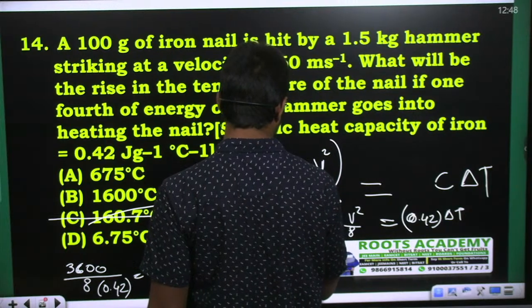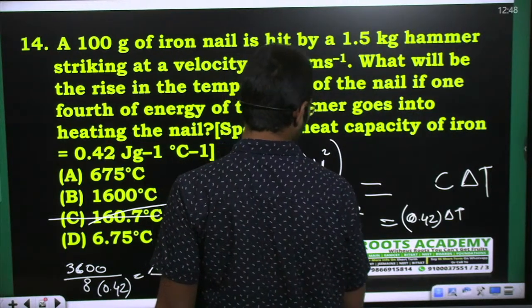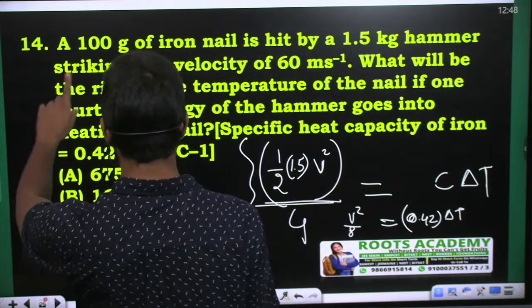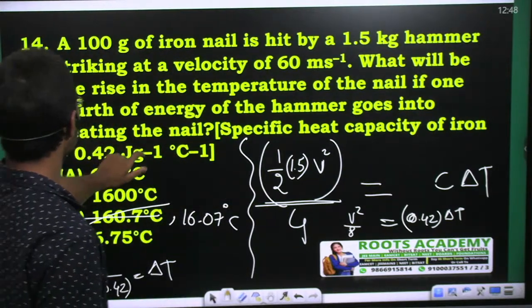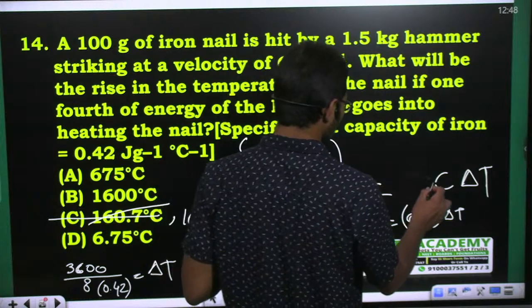This is 1.5, and this is 100 grams. Here it is even given in joules per gram, right? So we can write it as 100.